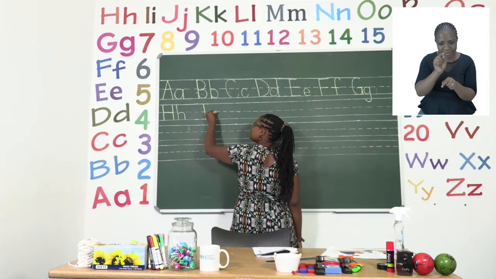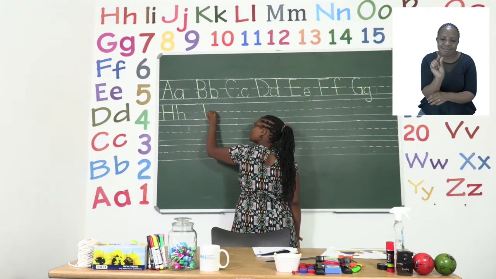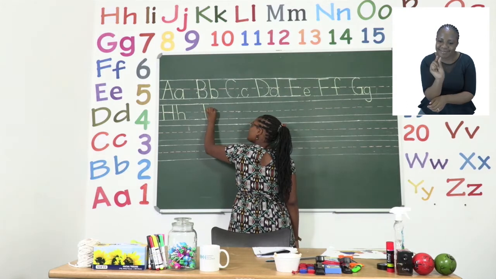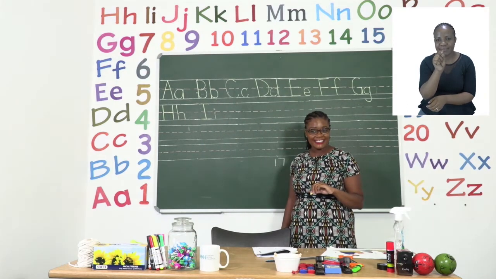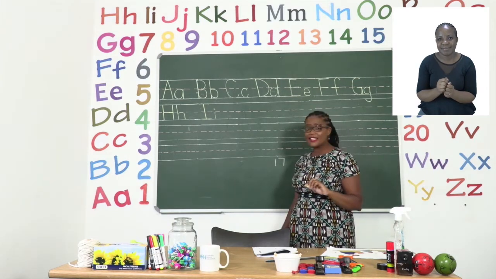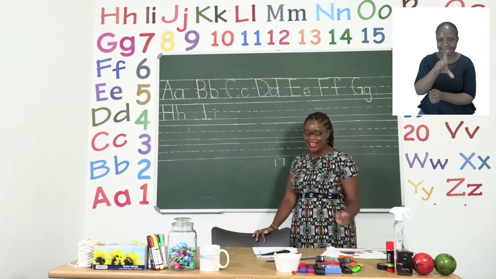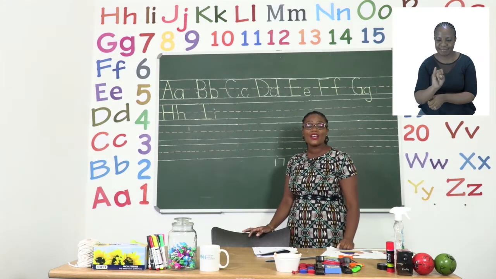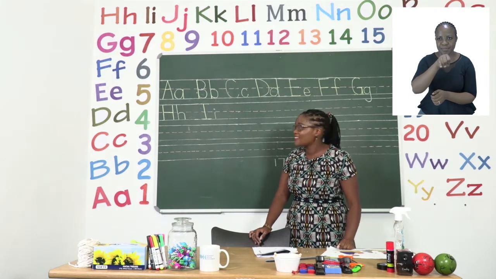And then small letter I is a very small letter with a floating head. Can you see the floating head? Wow! Is your head floating? No, it's not. Let us now move on to J, also known as J.